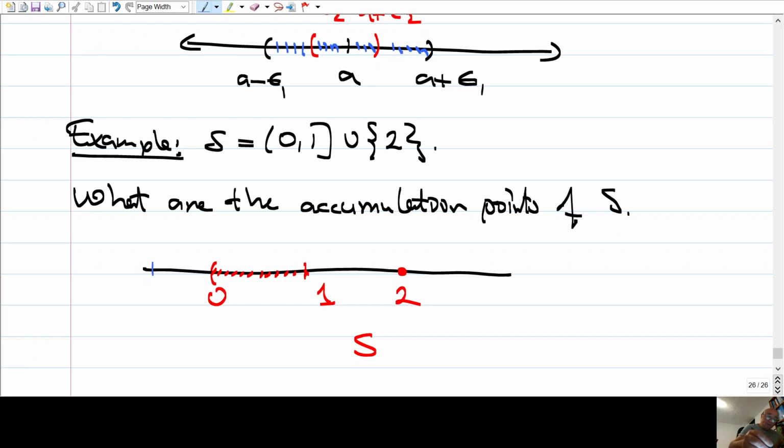For example, let's consider this point A, and then I have this point B, this point C, D, and I have also this point E. Let's see whether these are accumulation points or not.